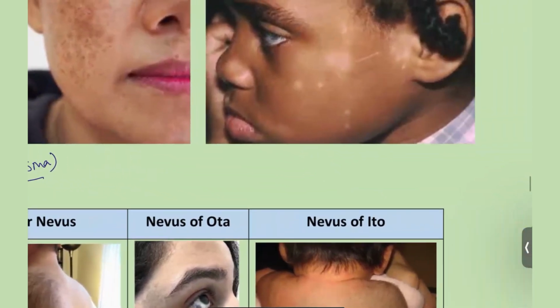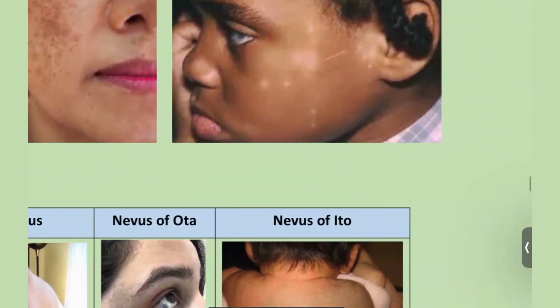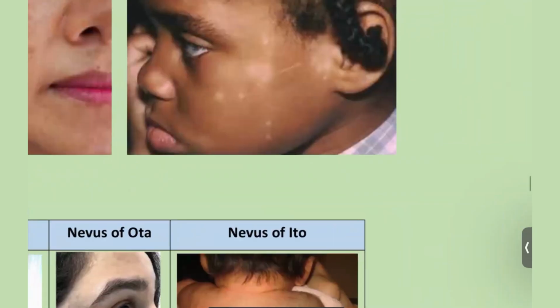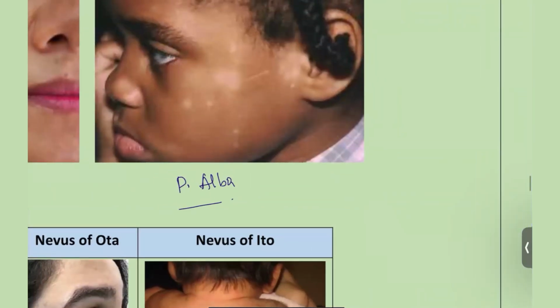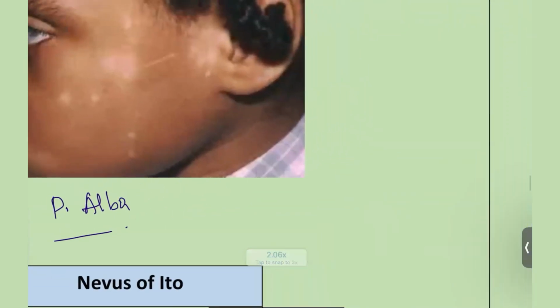Okay, more melanocyte activity, more commonly in women who are using OCPs. Next, this is pityriasis alba, seen in children. Again, pityriasis means scaling, common in children, usually associated with inflammation and also due to nutritional deficiency.